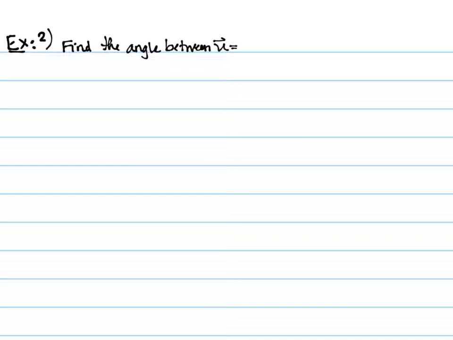We'll change the vectors up a little bit. All right, so we're going to find the angle between u, which is i plus 3j minus 2k, and v, which is 2i minus 3k.